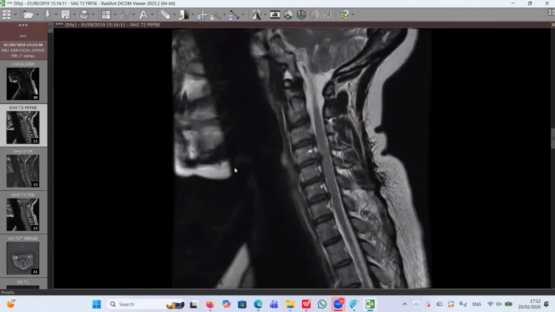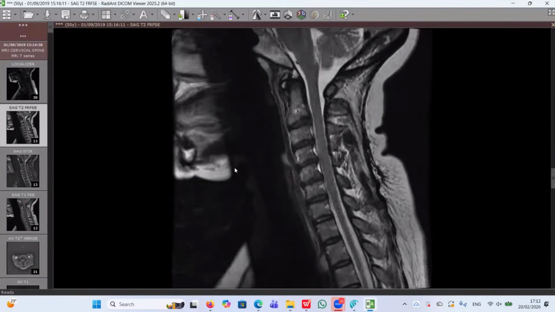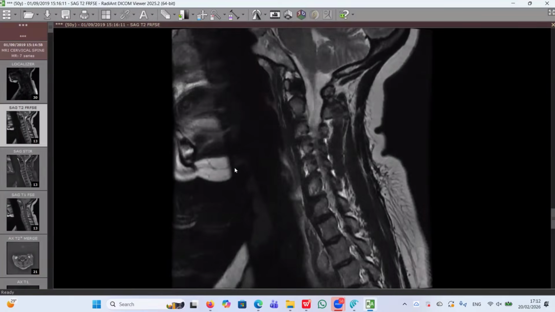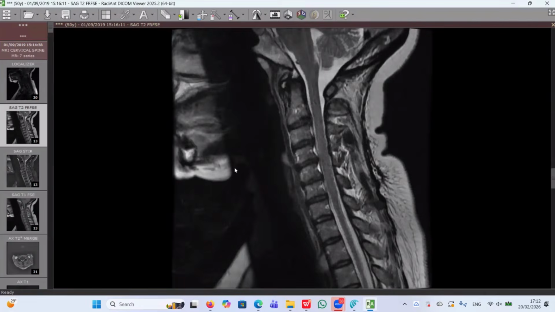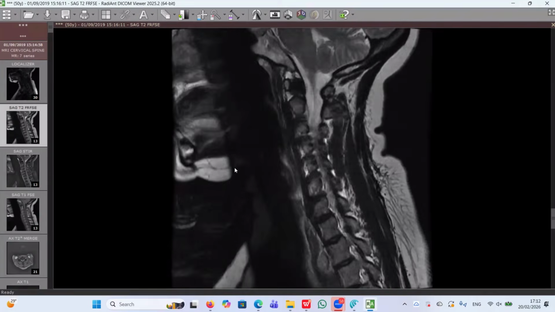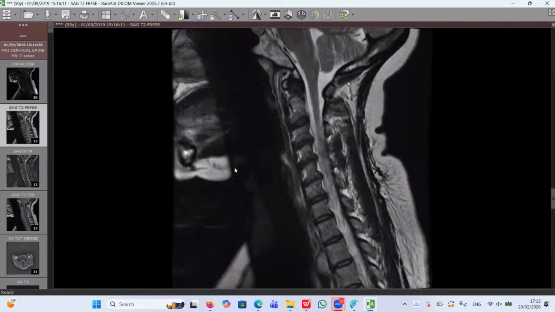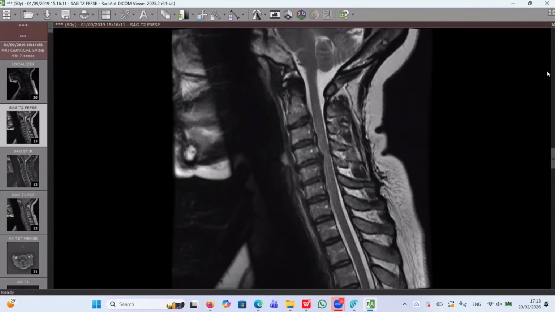Okay. Can you see any other abnormality? Sir, in the visualized section, there is no tonsillar herniation. And there is ossification of the posterior longitudinal ligament also seen at the level of C5-6 and C4.